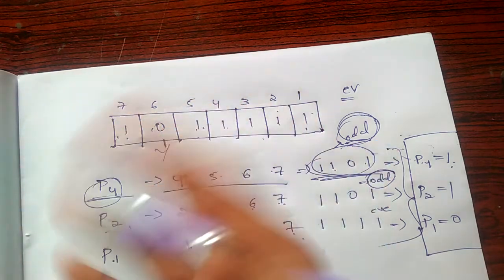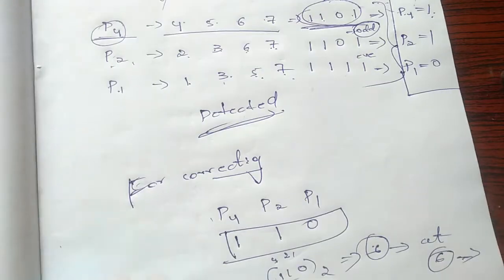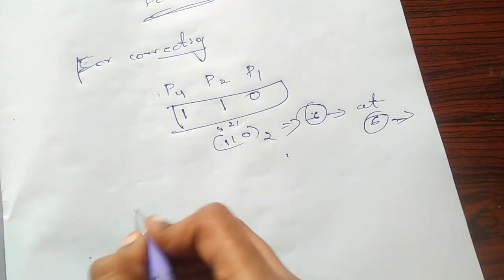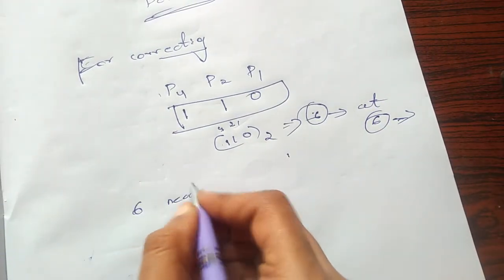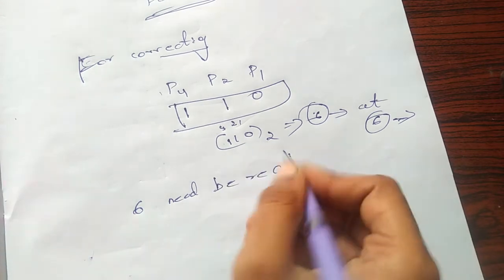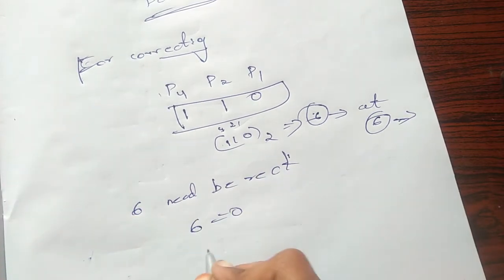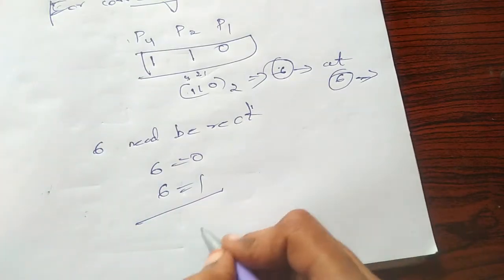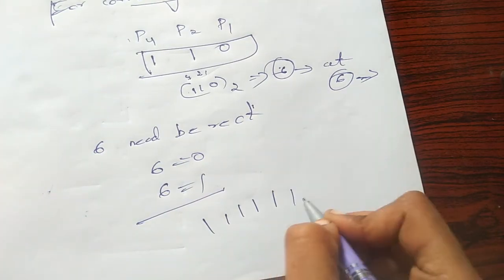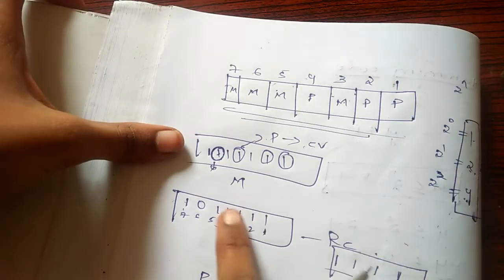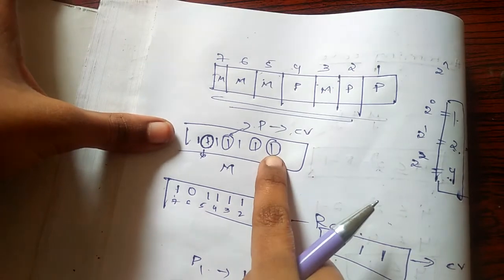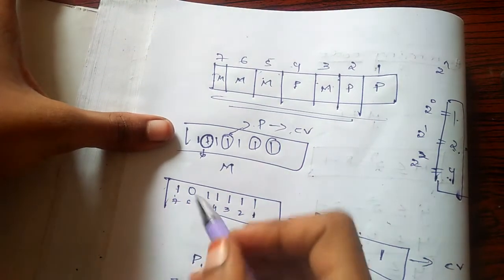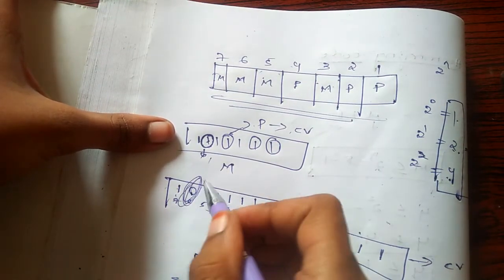If not 0, 1. If not 1, 0. So the sixth position needs to be rectified. As it is having 0, now we want to make it 1, and the final answer that we got is this. Okay, so same, I took at the transmitter I have this, but at the receiver I got this. At the sixth position I made a mistake.